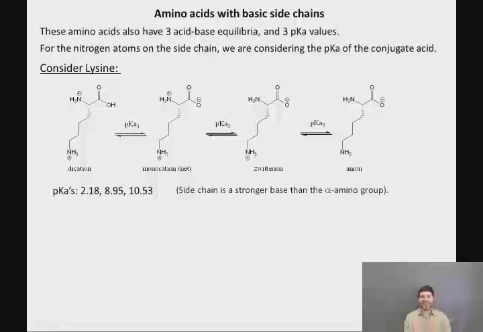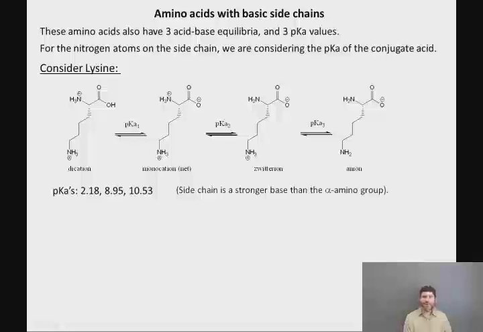As you make the pH more basic, you deprotonate the carboxylic acid first. That's going to give you the net monocation, in which the two nitrogens are still protonated. Then we deprotonate one of the nitrogens to make the zwitterion, and then finally, at very high pH, you've deprotonated both nitrogens, and you are left with the anion.